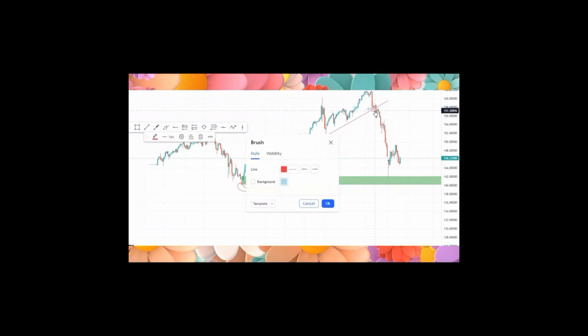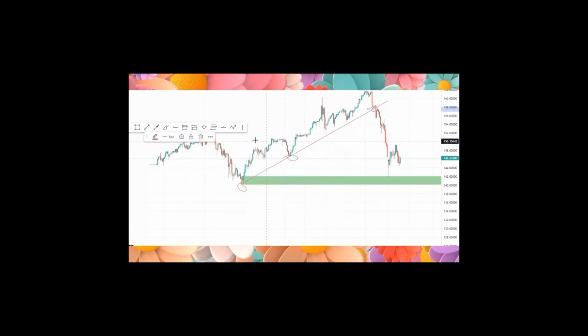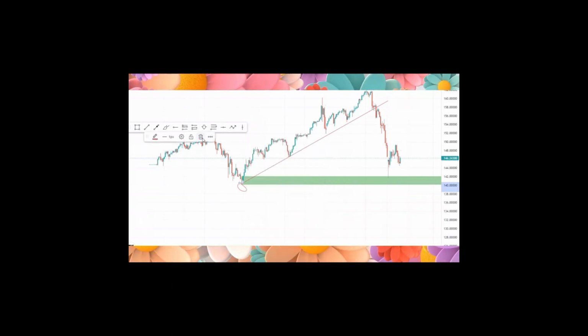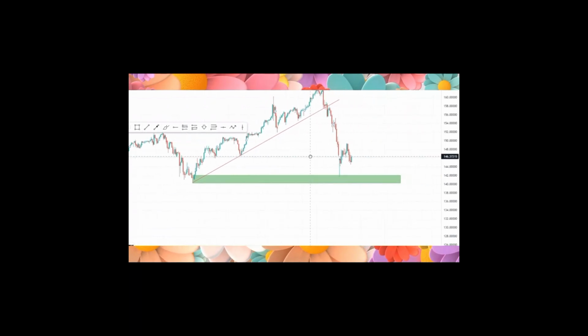So let's see if we can still go down more. We are basically looking at the entry. These things are not necessary, but they also help us to know the key levels at which the market reacted and is likely to react again. So let's go down to see. We are here to find entry.